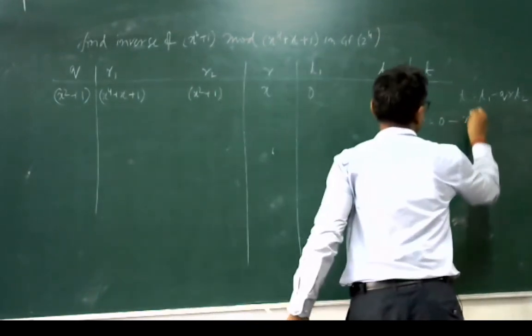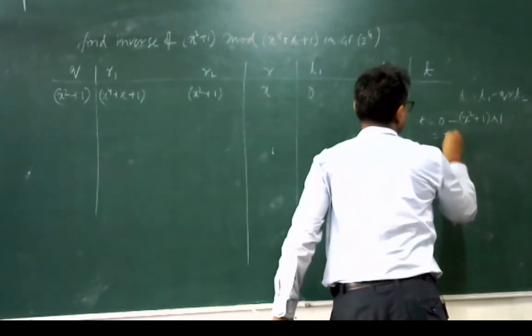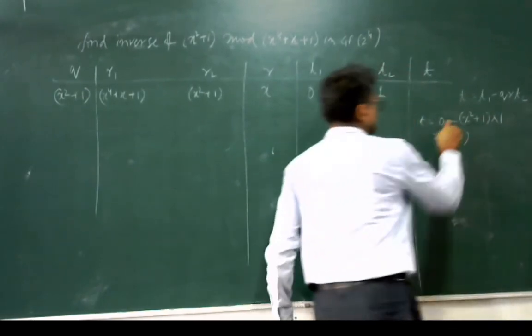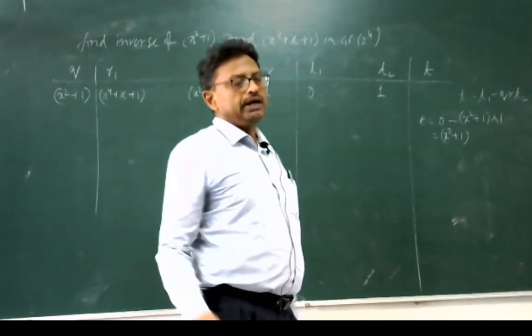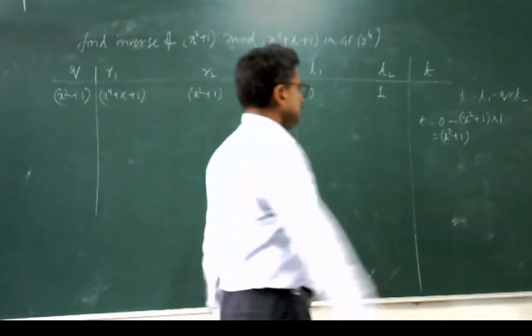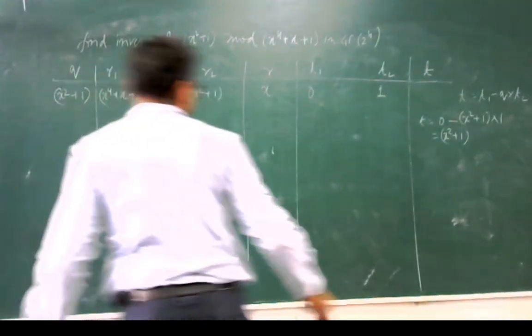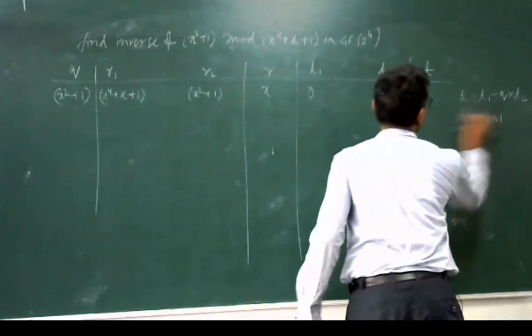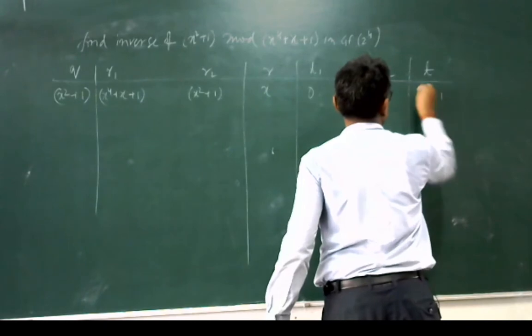X square plus 1 and it will be multiplied by 1. So it means this value will be equal to x square plus 1. Here minus is there, so you can say that it is minus x square plus 1. But you know addition operation is similar to the subtraction operation. So minus x square plus 1 is equal to x square plus 1. So this value of T will become x square plus 1.